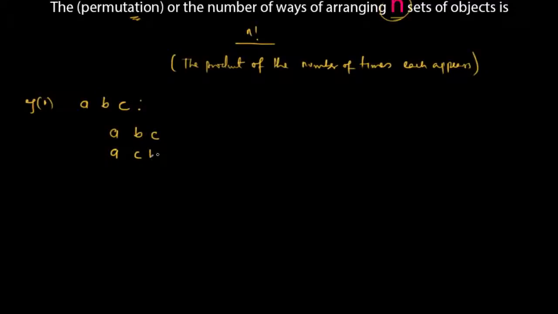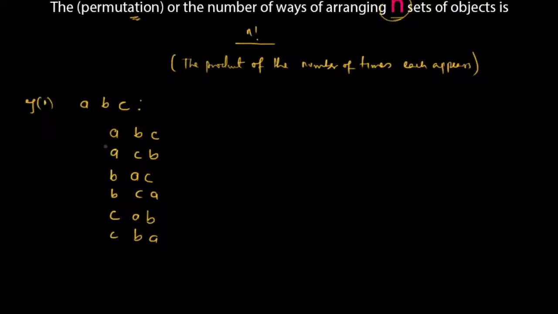Then A, C, B. Then the next is when B is the first: B, A, C. And then you have B, C, A. And also when C starts, you have C, A, B. And then you have C, B, A.